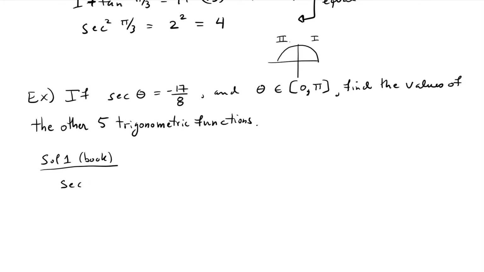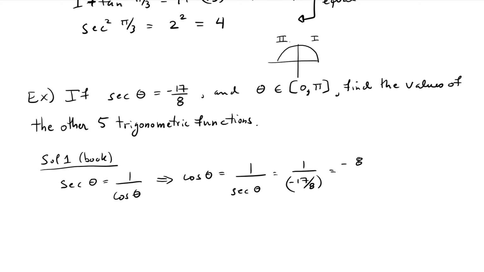So secant of theta being 1 over cosine, that tells you that cosine is 1 over secant. And then I just replace secant by minus 17 over 8. Flip everything around, and bingo. Okay, very, very quickly I found the value of cosine.